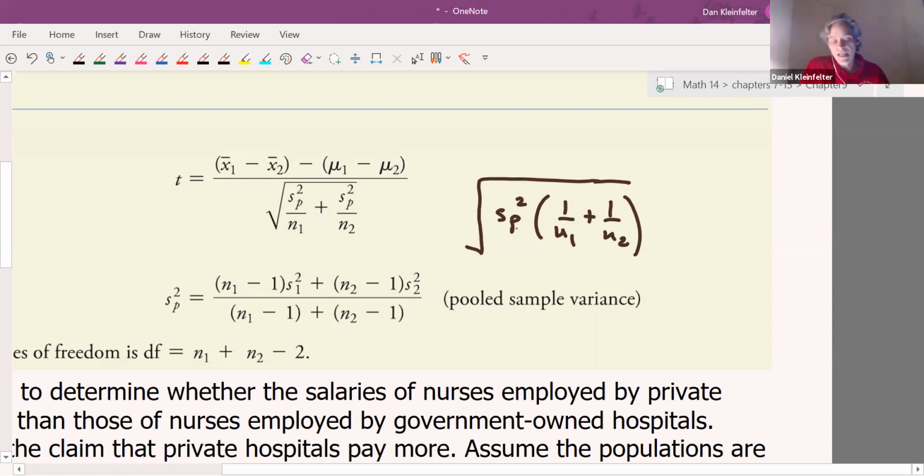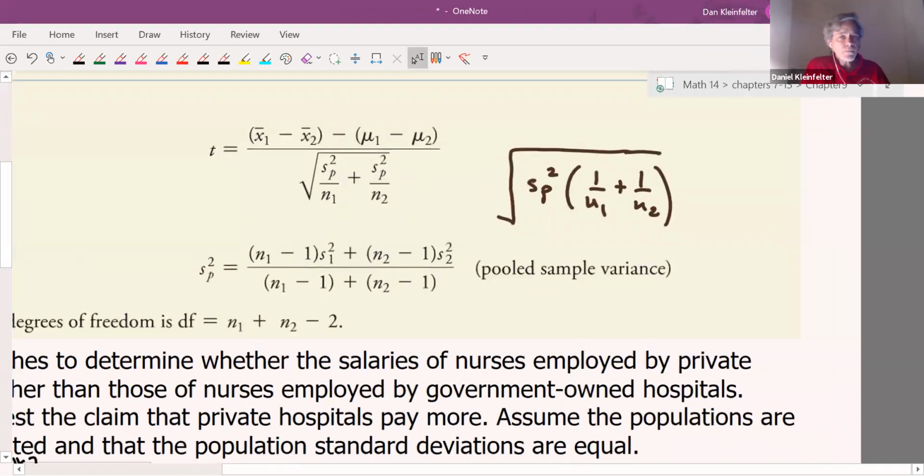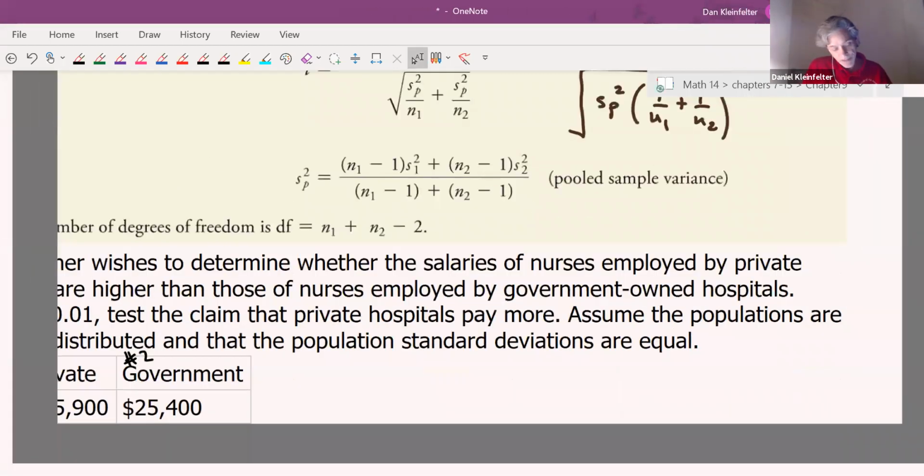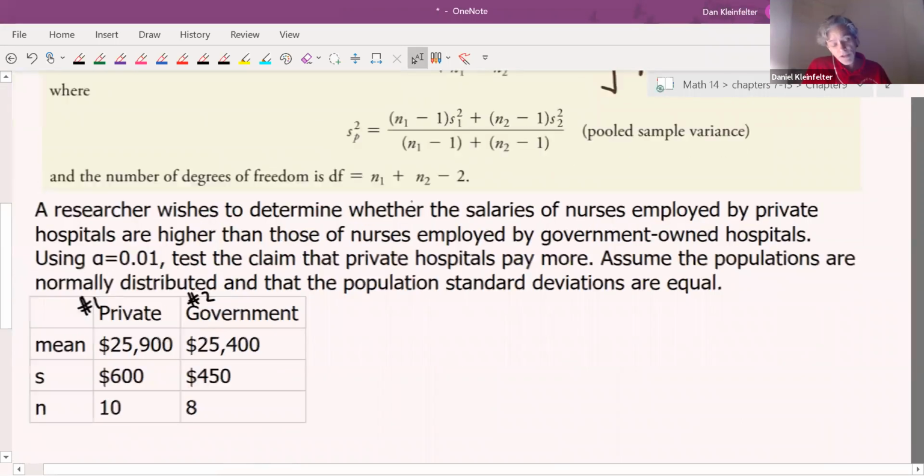And there you see the SP squared occurring only once. Also one other thing I'd forgotten to mention, the degrees of freedom calculation is a little funny. We add the two sample sizes together, N1 plus N2, and then subtract 2. So that's how we'll calculate our degrees of freedom here.